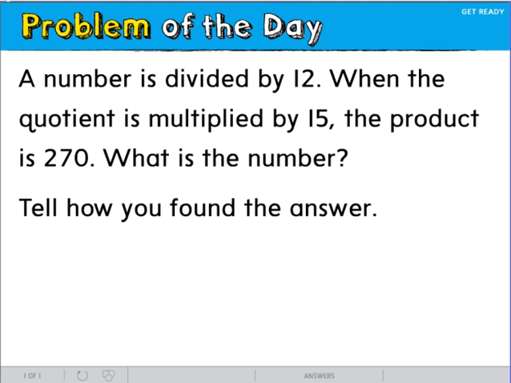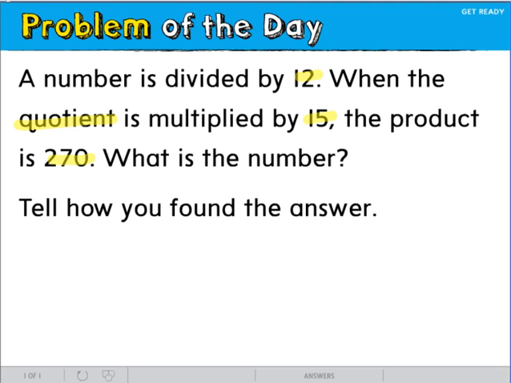All right, so the first thing we need to do is figure out, we have 12, we have 270, and we have 15. We need to find a quotient. A quotient is what? The answer to a division problem, correct.